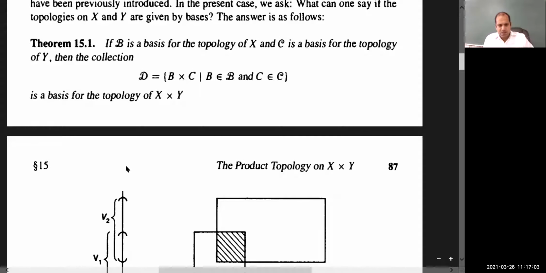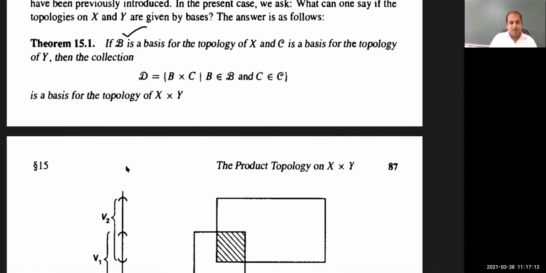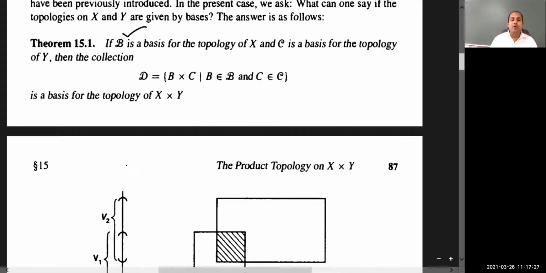Now next is, suppose we know the topology. Next is how to, if the basis generating topology T on X and the basis generating topology T' on Y are given, how to claim what will be the topology on this Cartesian product X cross Y. So here we have to follow this definition.